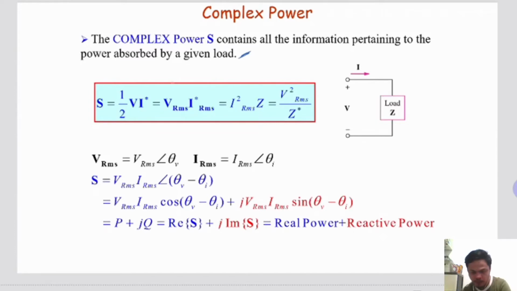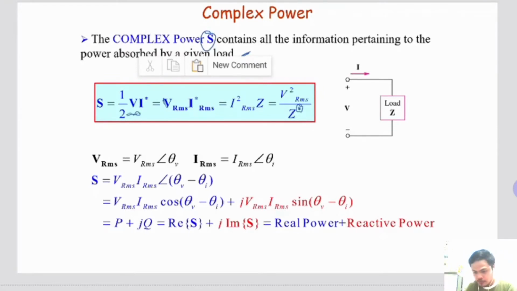It is denoted by bold letter S. So you have S equals 1/2 of V I conjugate, which can be formulated also as V RMS times I conjugate, or I squared RMS times the impedance, or it can also be written as V squared RMS over Z conjugate. So take note and be careful with the conjugate sign of the impedance.